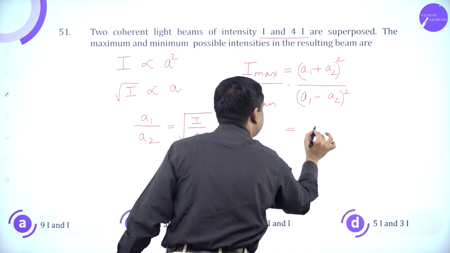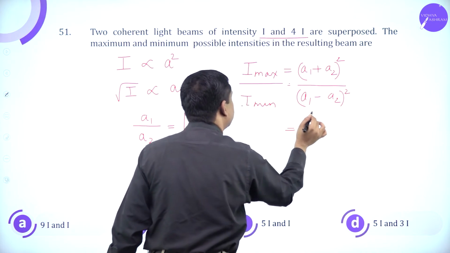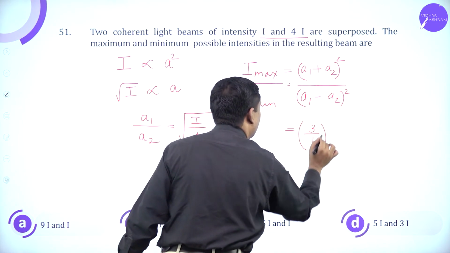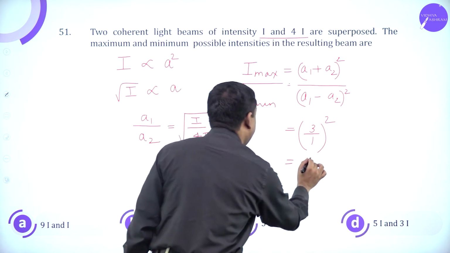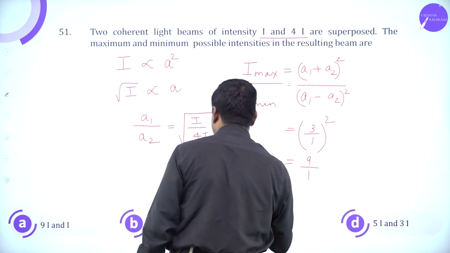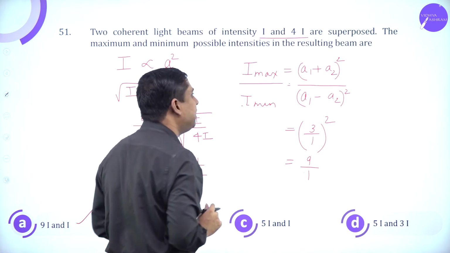So this is (3 by 2) minus (1 by 2) whole square. So this is 9I and I. So the answer is 9I and I.